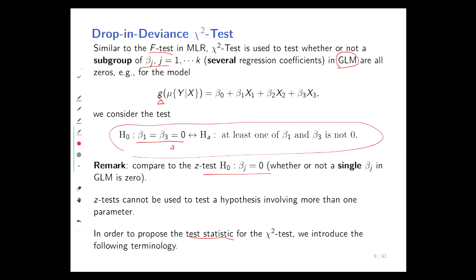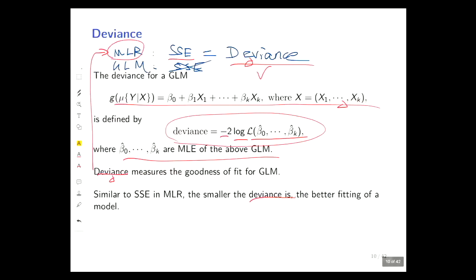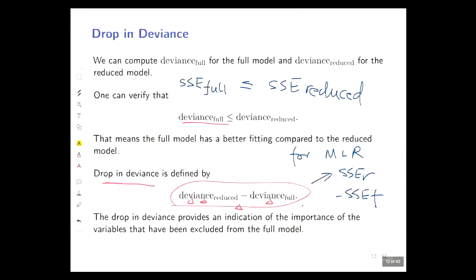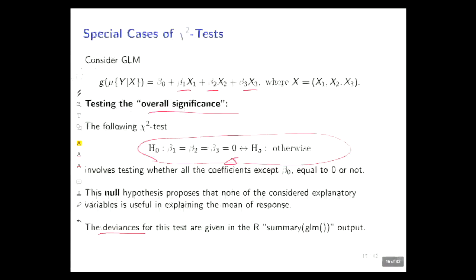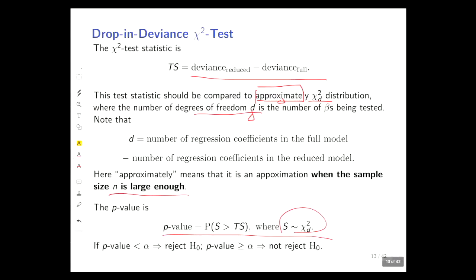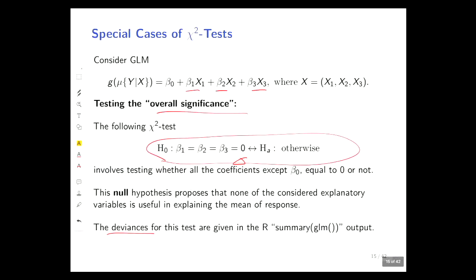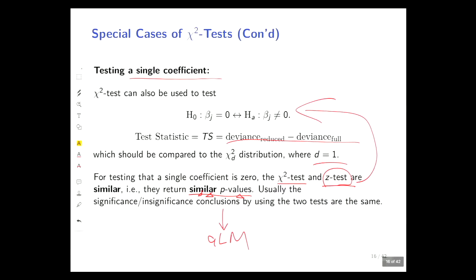Because it can be used to test several coefficients, it covers a lot of situations, and we give three special cases. The first case is to test a subset of coefficients, which I have already shown you earlier. The second case is to test the overall significance, that means we want to test all the coefficients except for the intercept. And the third case is used to test a single coefficient.